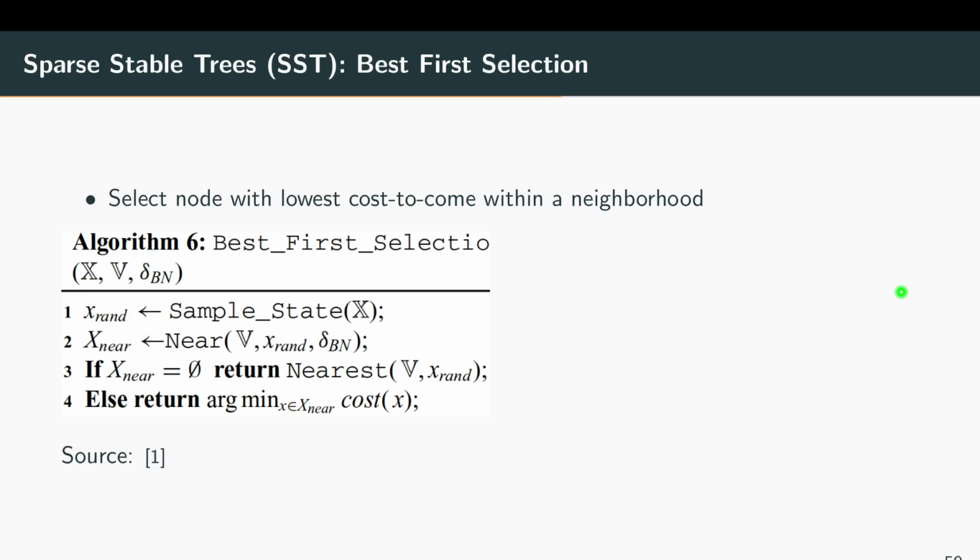And then it says in line 3, okay, if that set is empty, I do something, so I don't care. But then in line 4, it talks about what I do here. So I basically return whatever has the lowest cost. So now I look at all the 5 ones I have. They're associated with some cost.